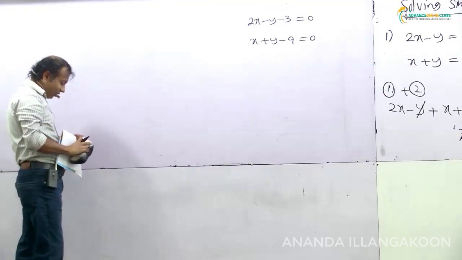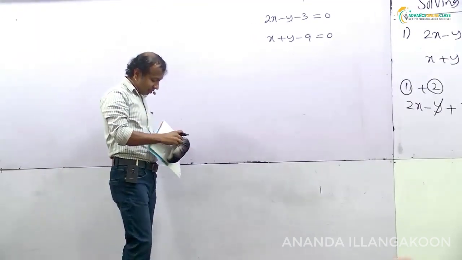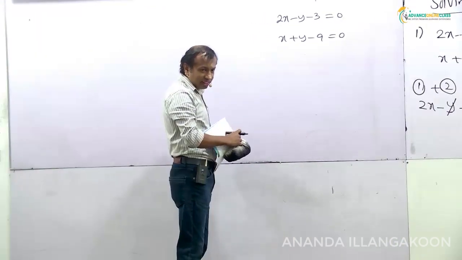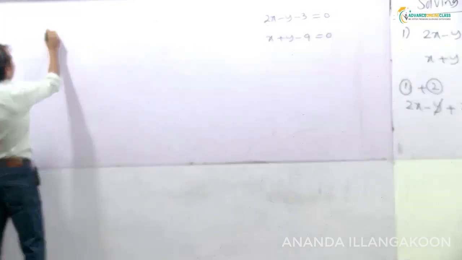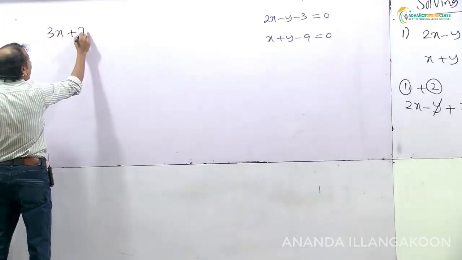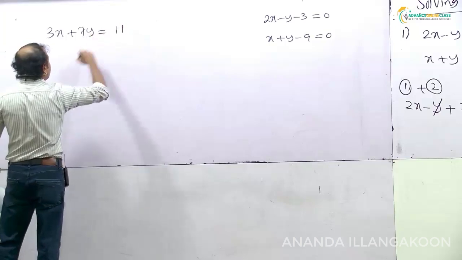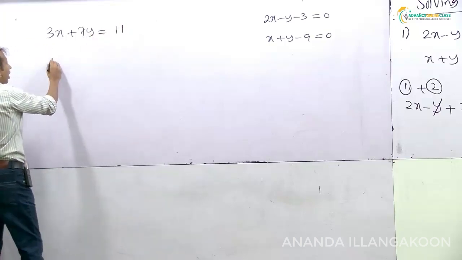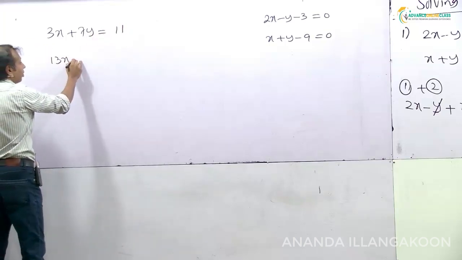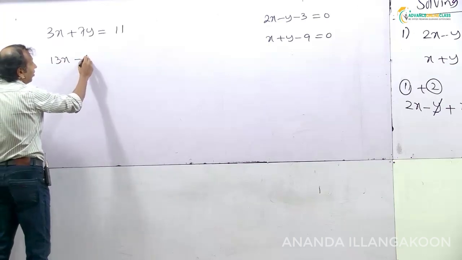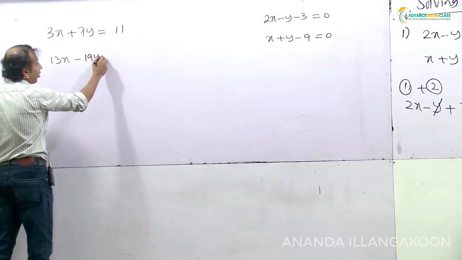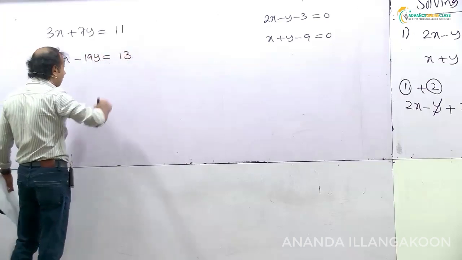Now people, we are given a small question like this. Another question like this, people, think. 3x plus 7y equals 11, and 13x minus 19y equals 13.